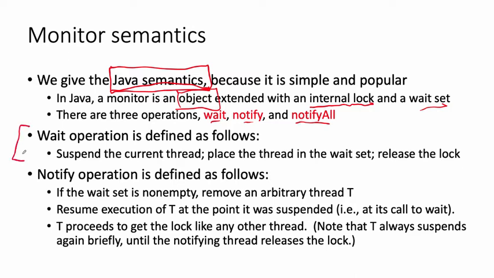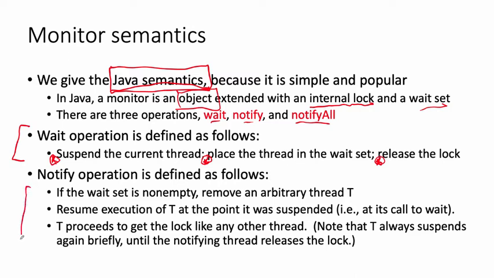So the wait operation works exactly as follows. When a thread does wait, first it suspends the current thread, it places the thread in the wait set, and then it releases the lock. Okay, all of these things are done in the current thread, so nobody can interfere, and then the lock is released and other threads could enter.